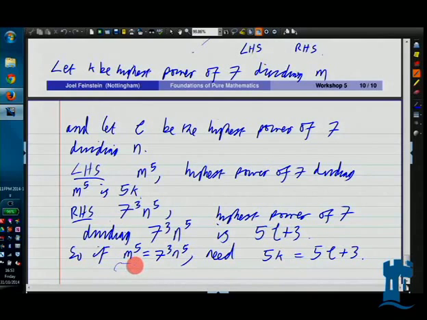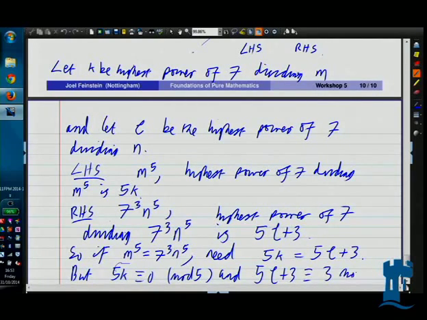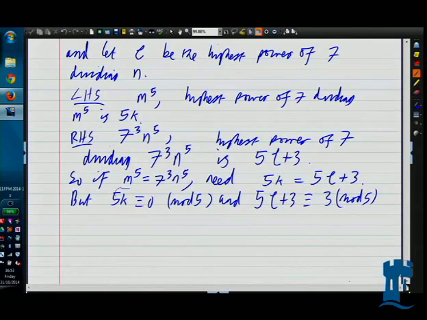So 5K is congruent to 0 mod 5, and 5L plus 3 is congruent to 3 mod 5. Different remainders, they're not equal for sure.